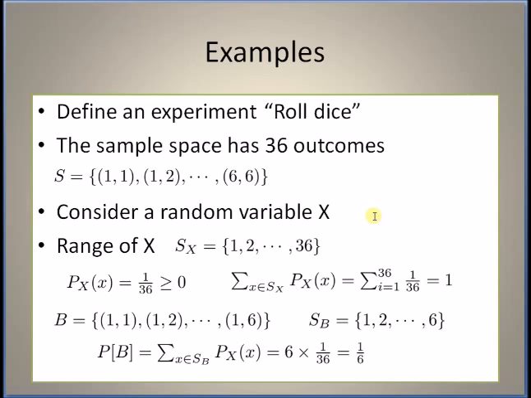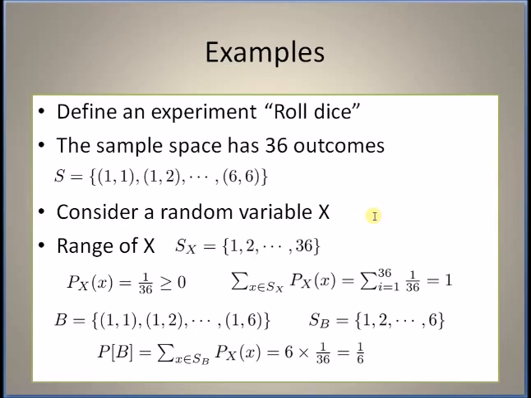So this range is a subset of the larger range Sx, and we can clearly see that the probability of the event B, which is obviously equal to 6 by 36, that is equal to 1 by 6, is also equal to the sum of the probability mass function where the small x has the values 1 to 6. So the sum is equal to 6 times 1 by 36, which is equal to 1 by 6.